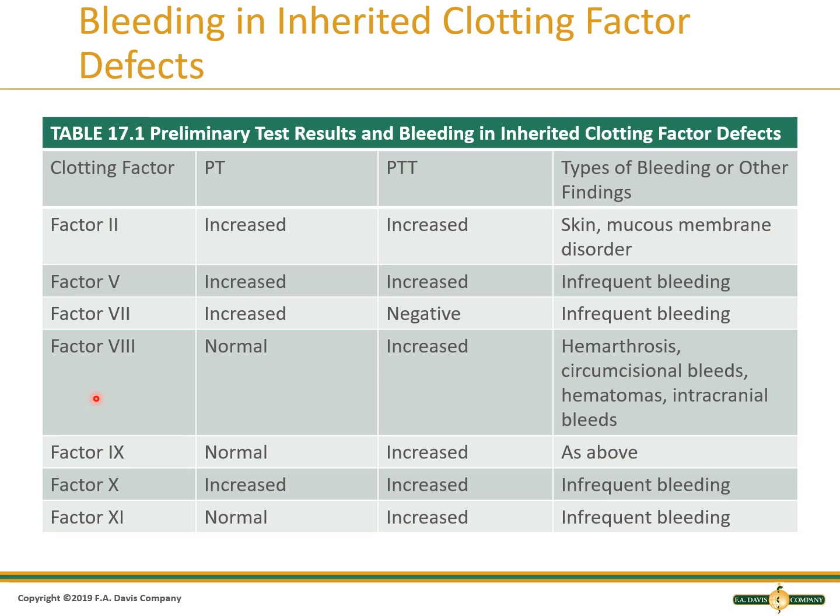Factor 9, you're going to have a normal PT, an increased PTT, the same as factor 8. Factor 10, an increased PT, an increased PTT, infrequent bleeding. And factor 11, a normal PT, an increased PTT result, and that is associated with infrequent bleeding.